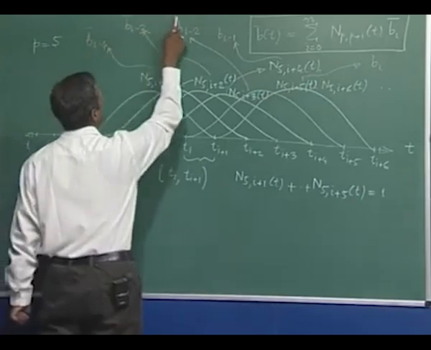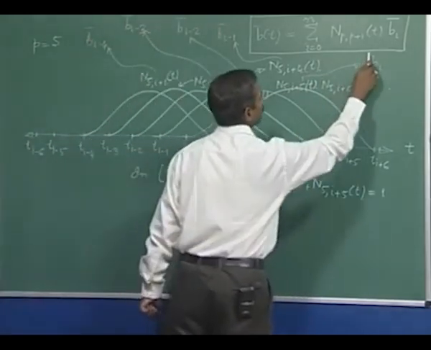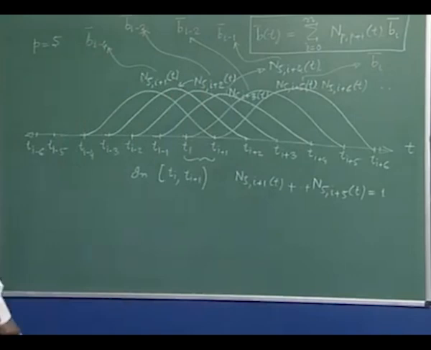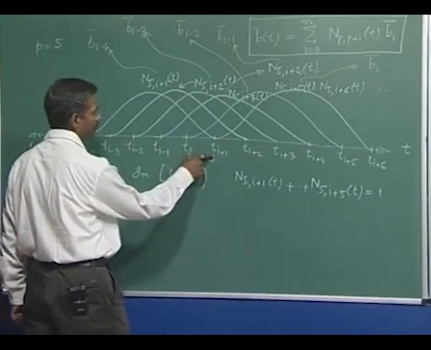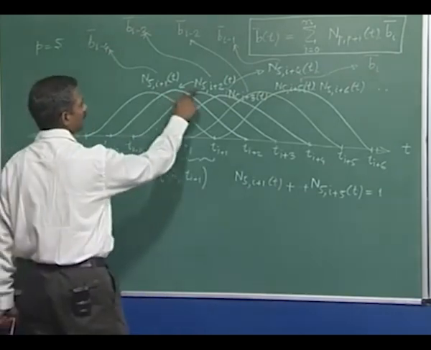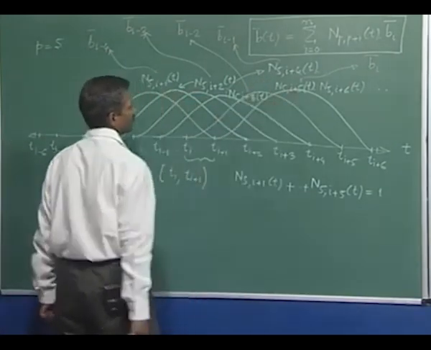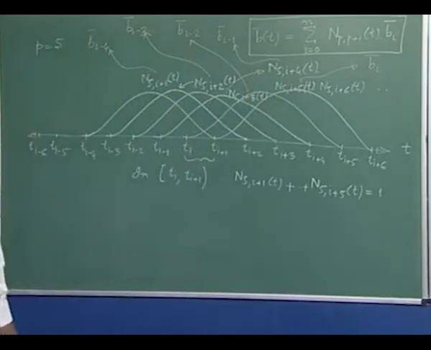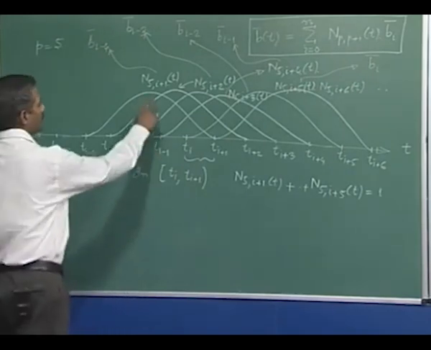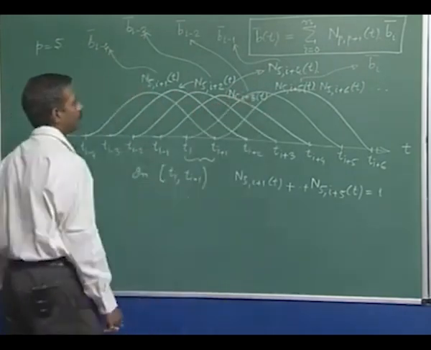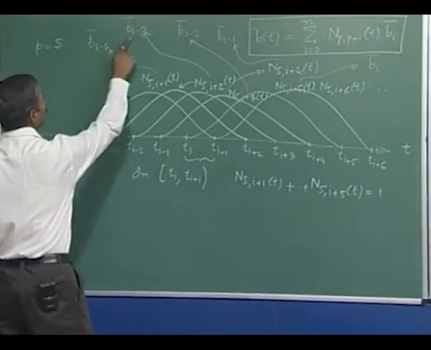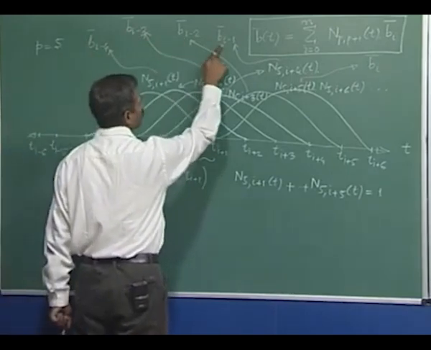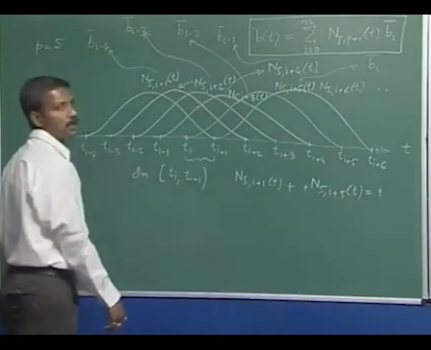Remember, all these are vector design points. For values of t within this interval, ti to ti plus 1, these 5 B-spline basis functions are locally barycentric. You know what I mean. They all are non-negative and they sum to 1. Because of which, these 5 design points, b i minus 4, b i minus 3, b i minus 2, b i minus 1, and b i form a local convex hull.